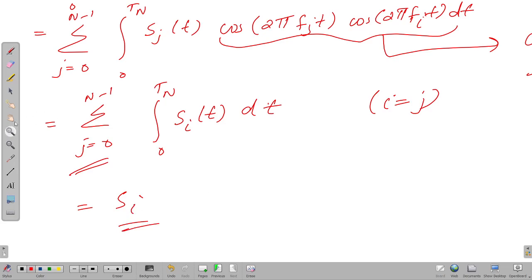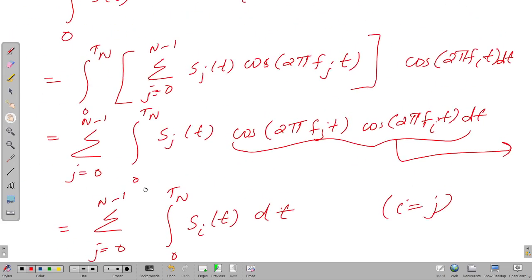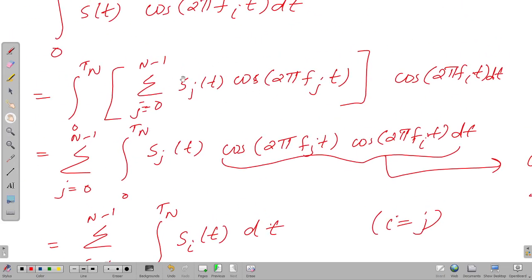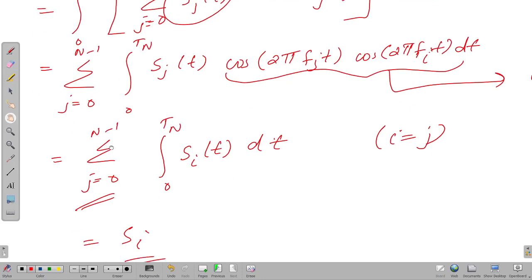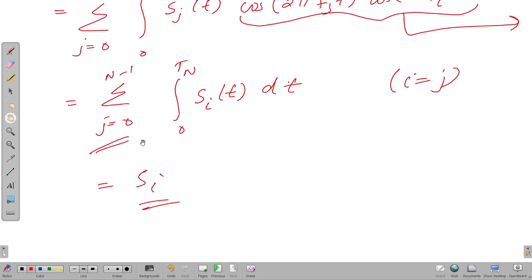Basically what has happened here is the incoming signal, which is a composite signal having a number of subcarriers, when multiplied by cos 2 pi fi t, the ith symbol in this set has come out here, and with this idea we are able to design the receiver of overlapping subcarrier multicarrier transmission.